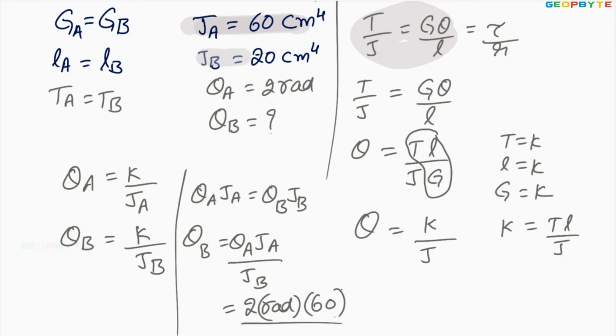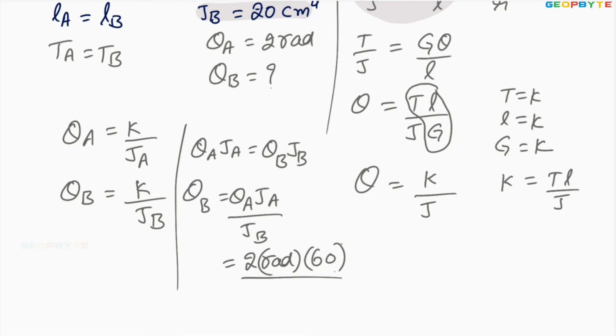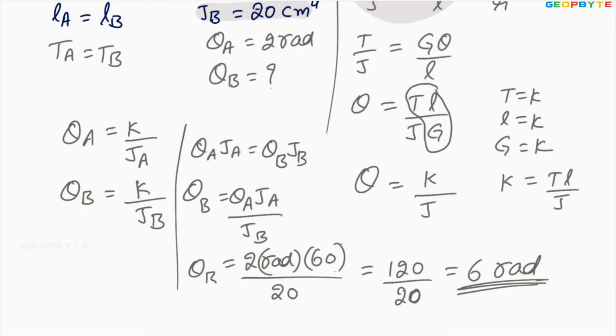JB equal to 20. Now you simplify it. It is 120 divided by 20, not 220. It is equal to 6. 6 radians. That is the angle of twist for B.